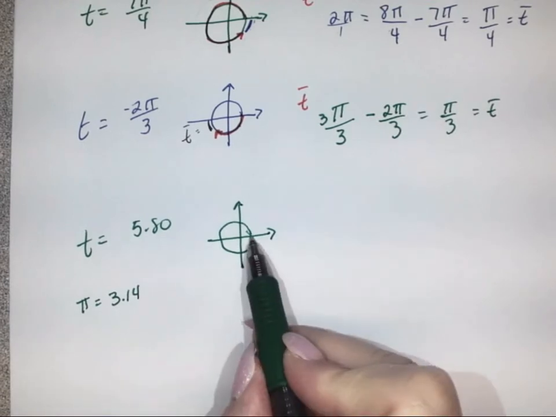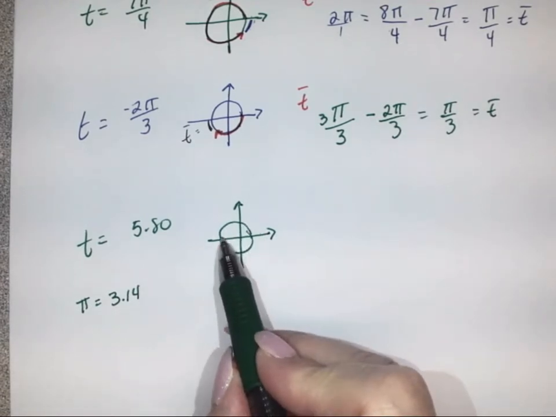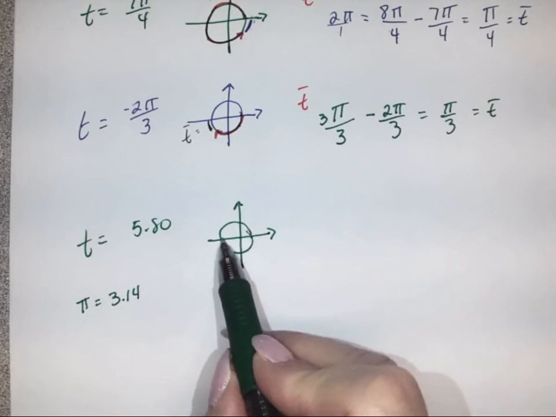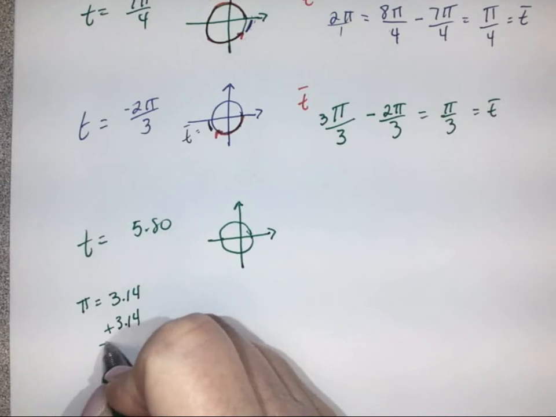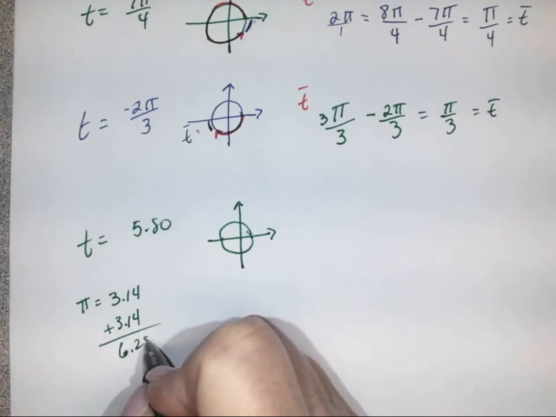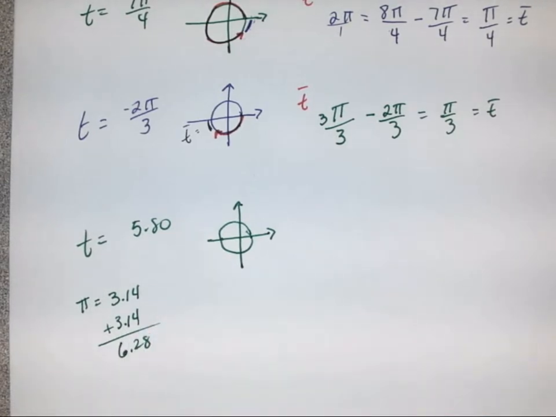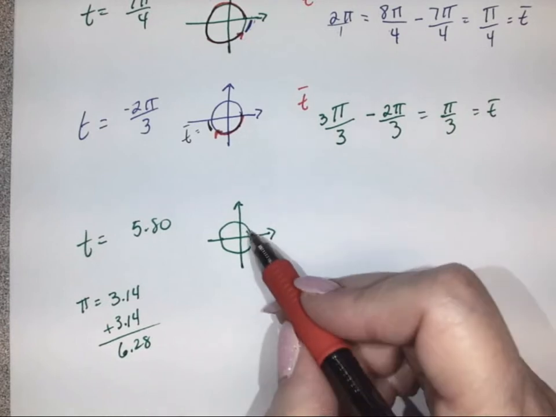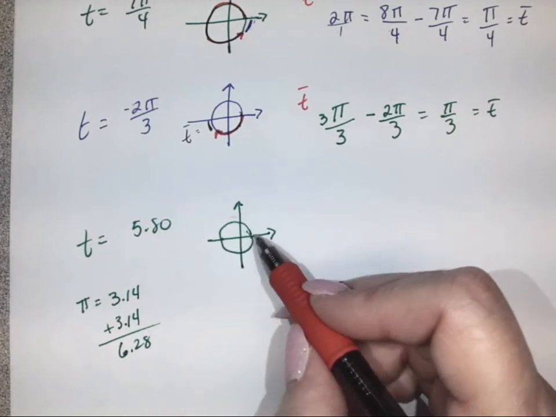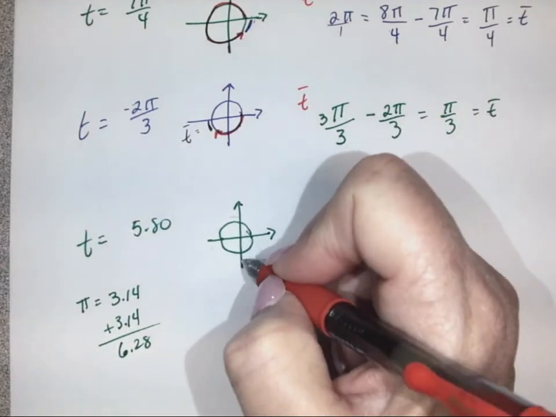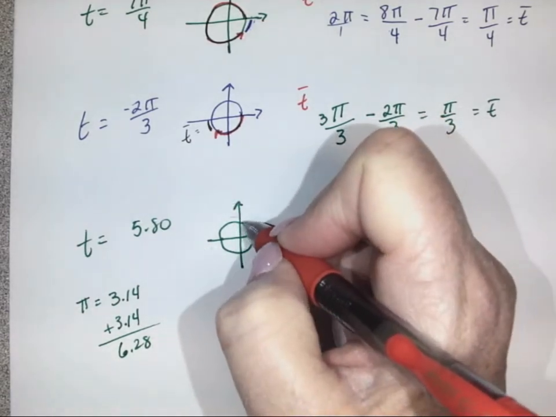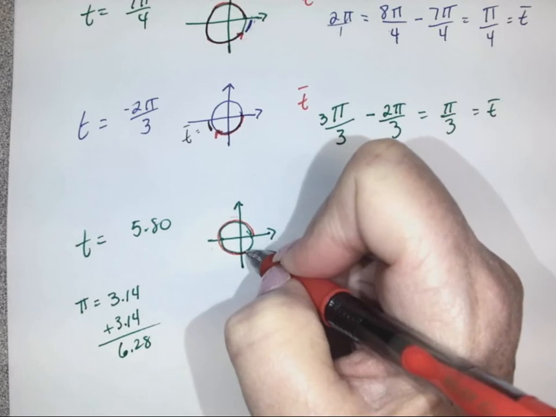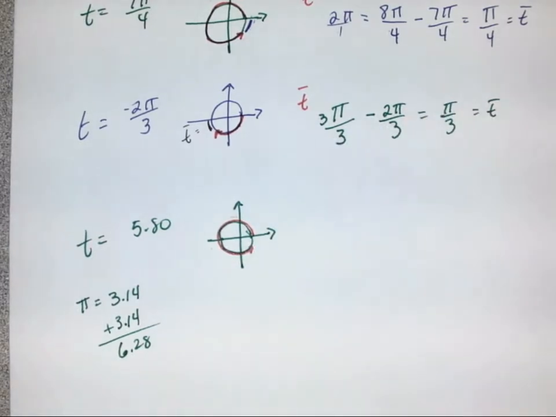That means the distance from here to here would be 3.14. All the way around, if we add another 3.14, we get 6.28. So we can understand that if fully around is 6.28, if we're going to 5.8, it's pretty close to that. Not quite there, but it's going to land us somewhere over here into quadrant 4.